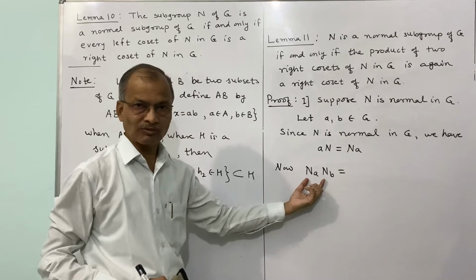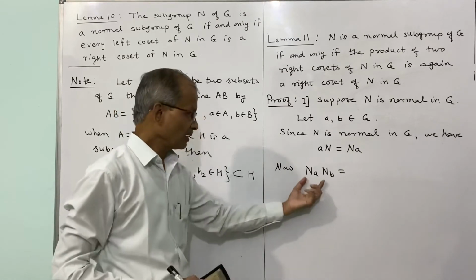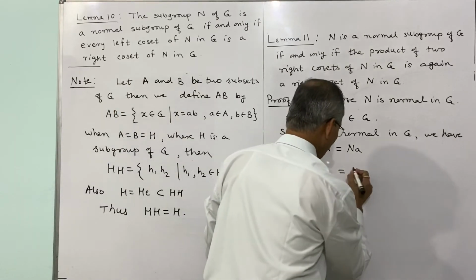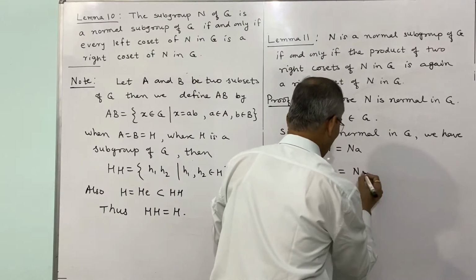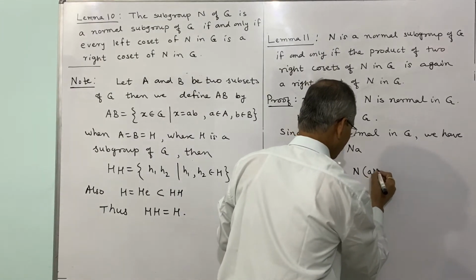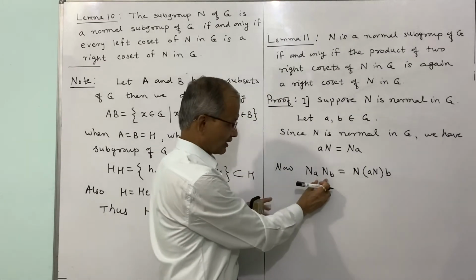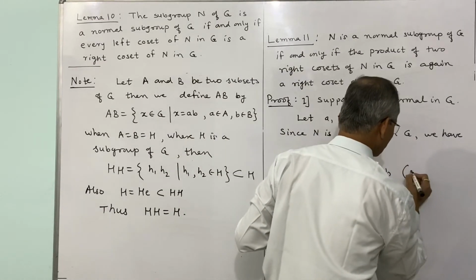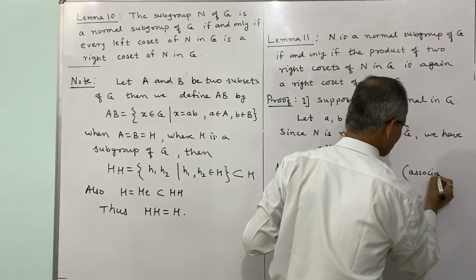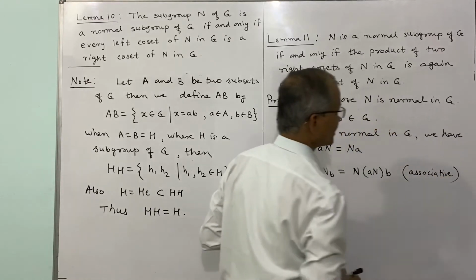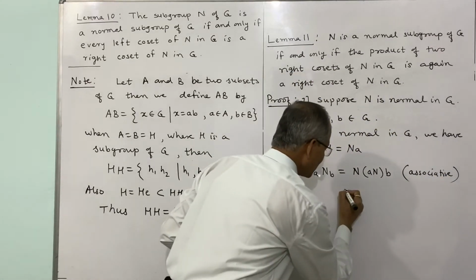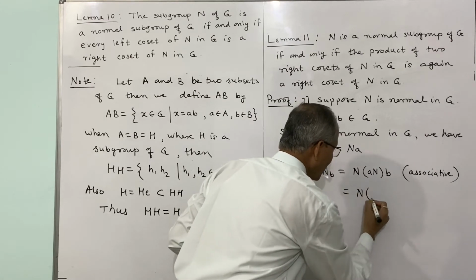Now what we have to prove is that this is also a right coset, and for this purpose we write N, and we write A, N, B, using the associative law. These two are grouped together by the associative property, and this is equal to N and this AN.